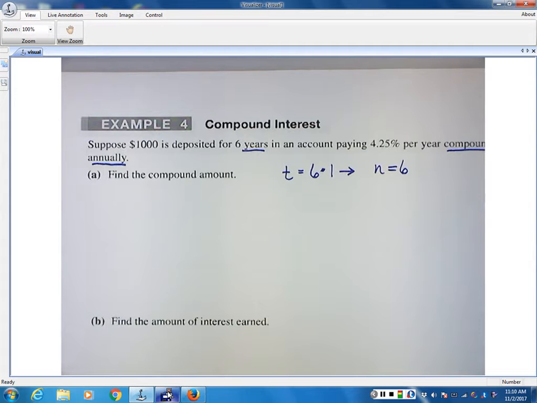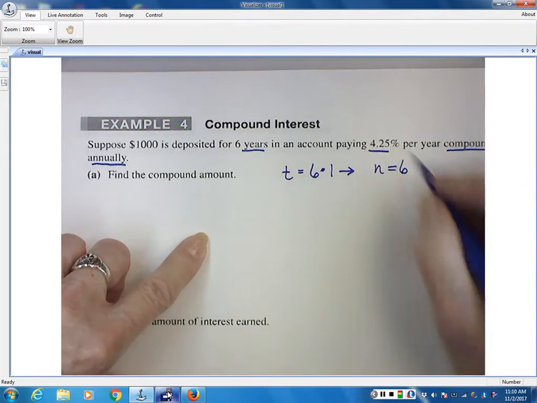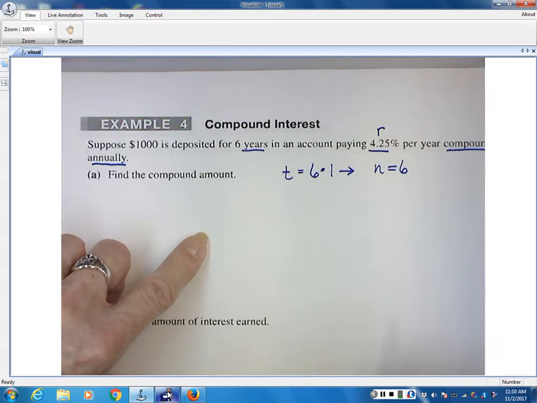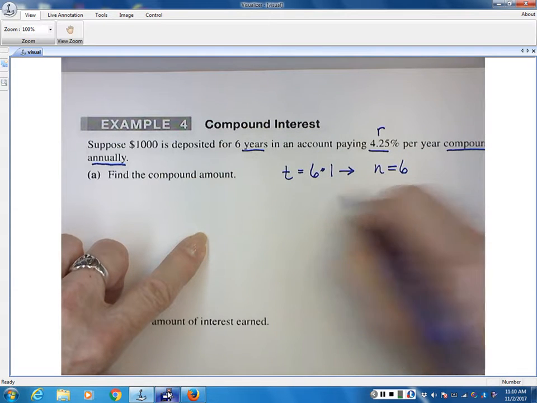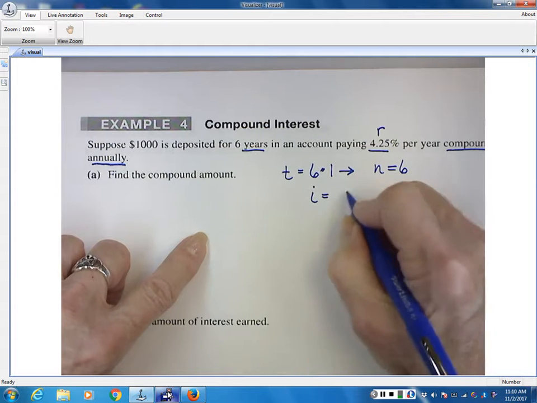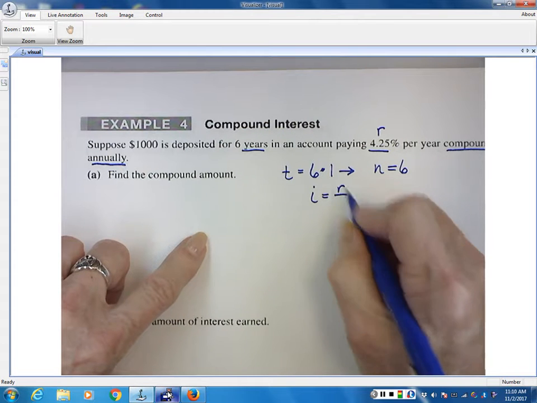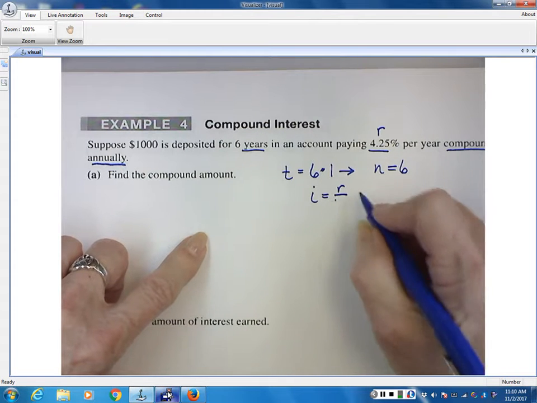And that also tells us that our interest rate, which is 4.25%, we're going to call the compounded interest rate R divided by M, the number of compounding periods.